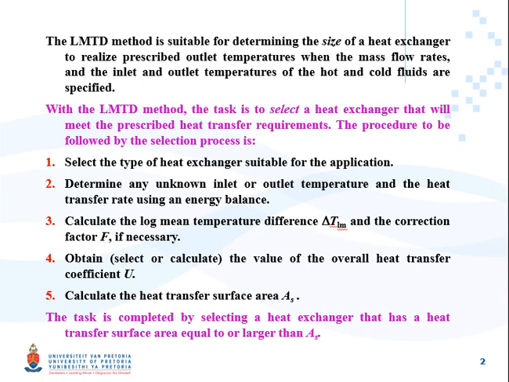You find all those temperatures by using energy balance or any other method, and after that, when you have all the temperatures, is the time that you know that you can use the LMTD method. You calculate the log mean temperature difference. If it's necessary, you find the correction factor for it, and after that it's very easy.